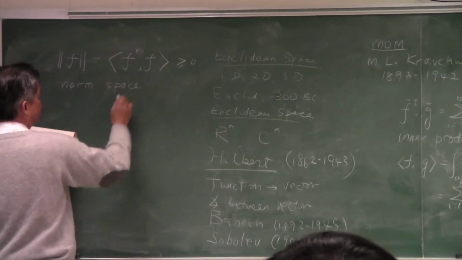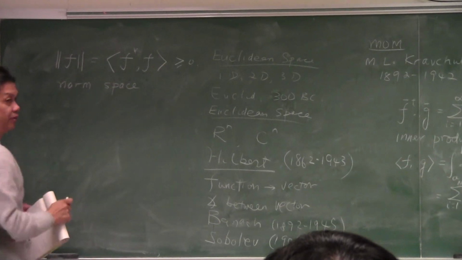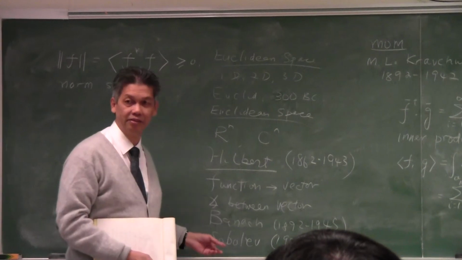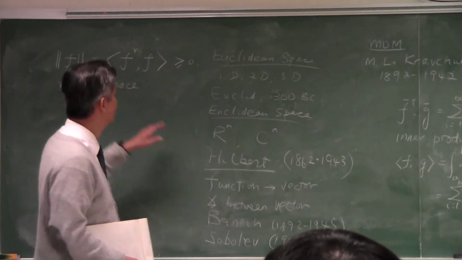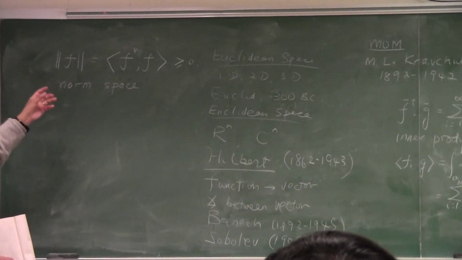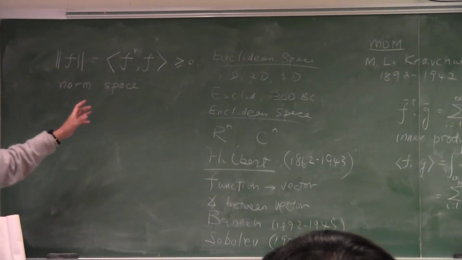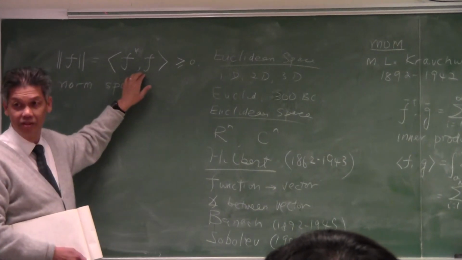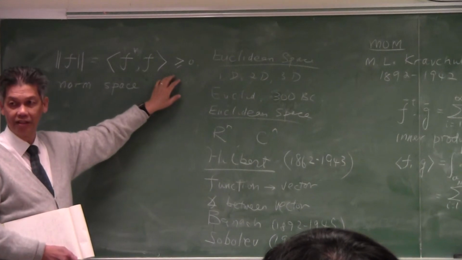A linear vector space with a norm defined, not necessarily this way, you can define all kinds of norms, like in Banach spaces and Sobolev spaces. For those who are familiar, norms are defined quite differently. This is just an example of a norm. The norm is some way of defining the length of a vector, in the sense that if this vector is 0, this norm will be 0. If this vector is non-zero, it will be a positive definite number.